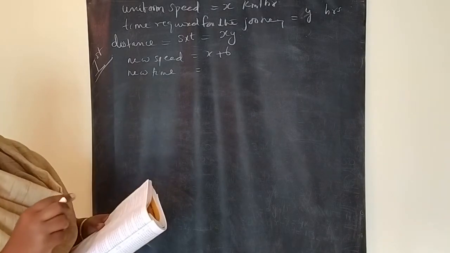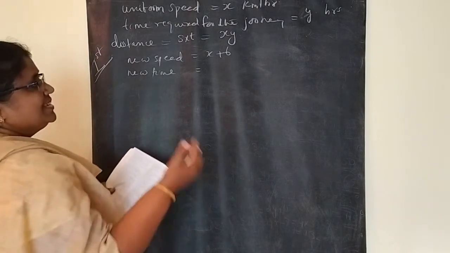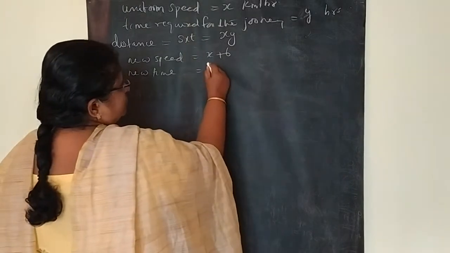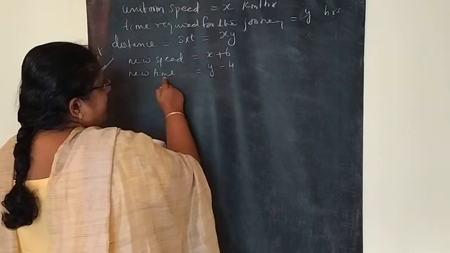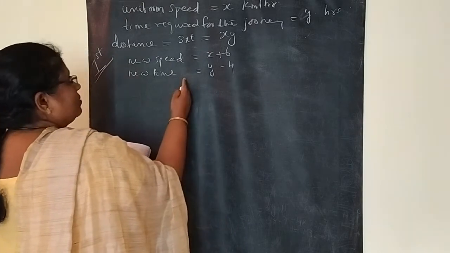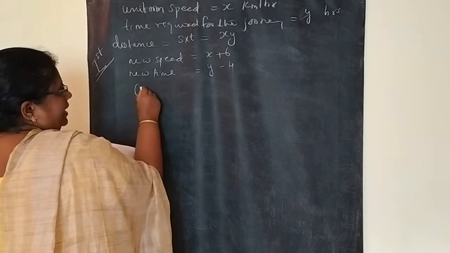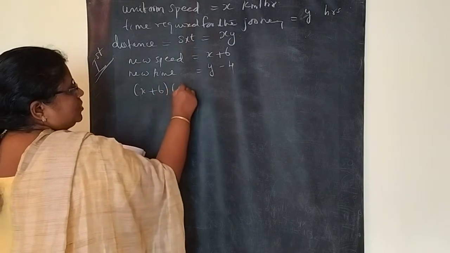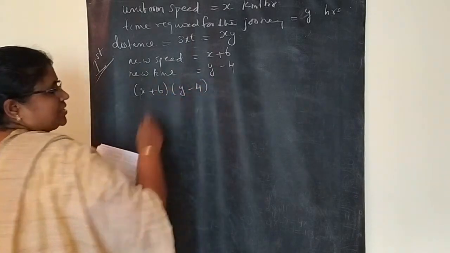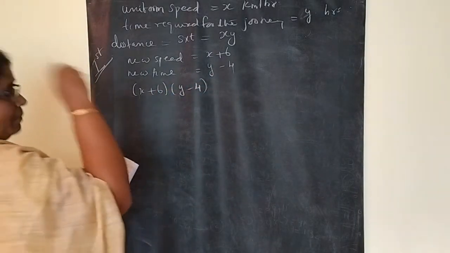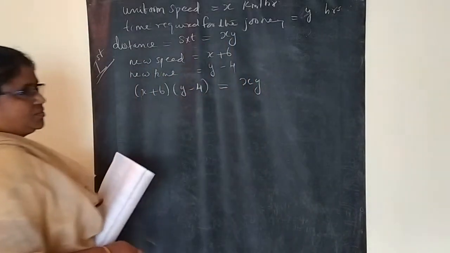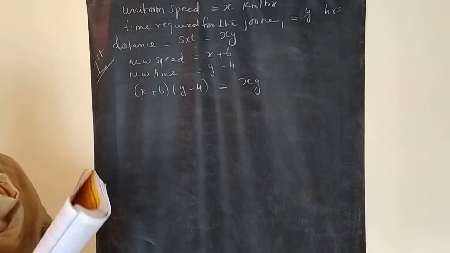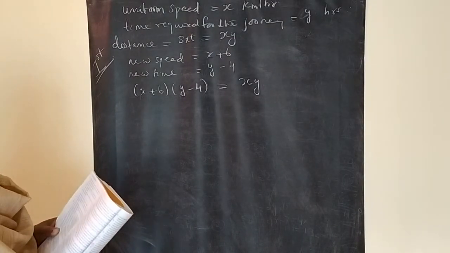When speed increases by 6 km per hour, time decreases by 4 hours. So what is the distance then? x plus 6 into y minus 4 is the distance travelled, but it is equal to the original distance. Original distance is the same, whatever be the case.